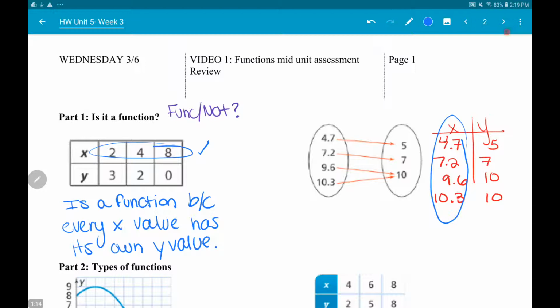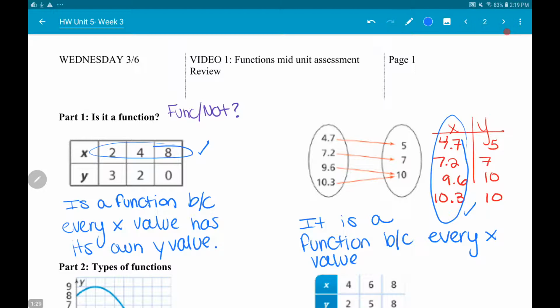They're all different, so that's good. That means it is a function because every x value has its own y value.